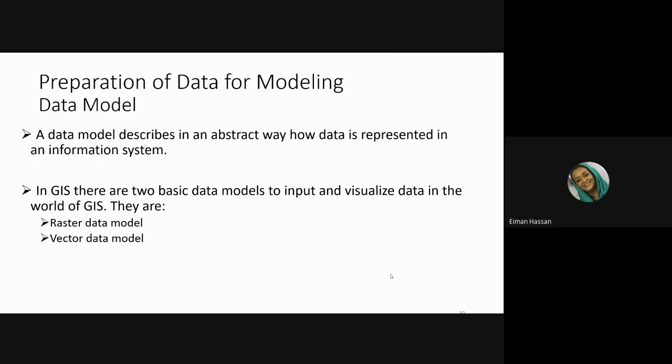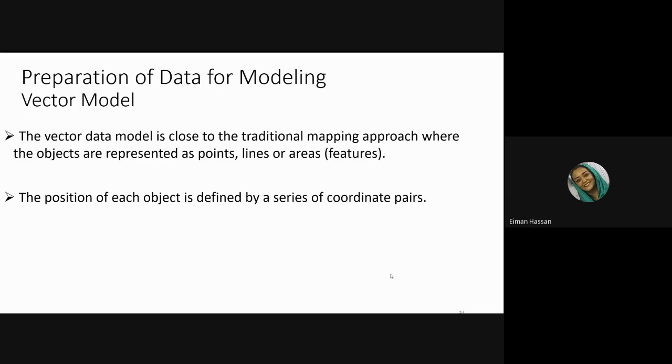So the data model we're talking about: we have two kinds of data models, either the raster data model or the vector data model. And these are the only two options used by GIS. We said the vector is close to traditional mapping.